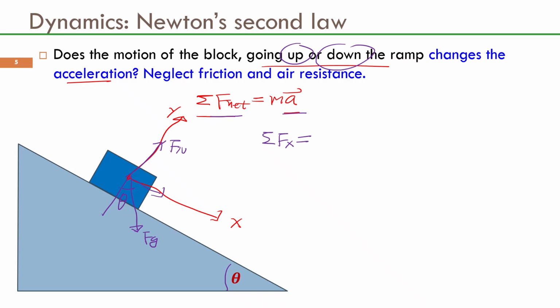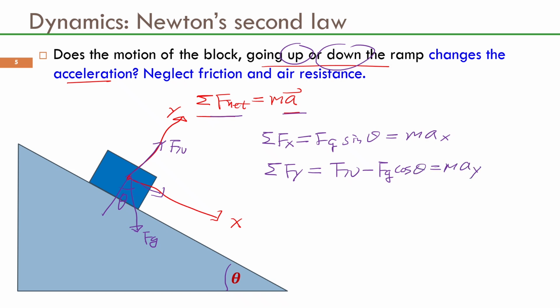So the net external force along the x direction is Fg times sine theta, which equals m a_x. Along the y direction, sigma Fy equals the normal force in the positive y direction minus mg cosine theta, or you can say Fg cosine theta, which equals m times the acceleration along the y direction.